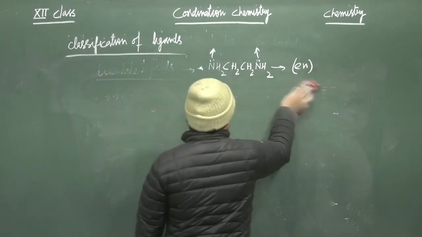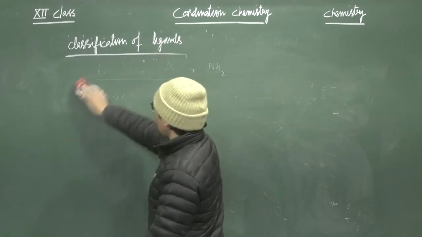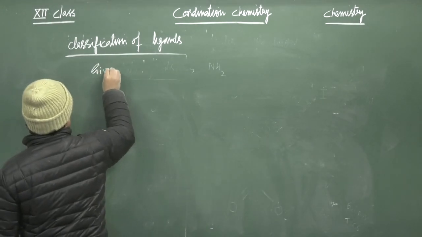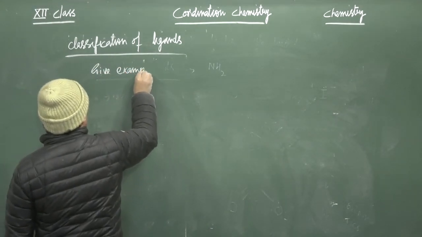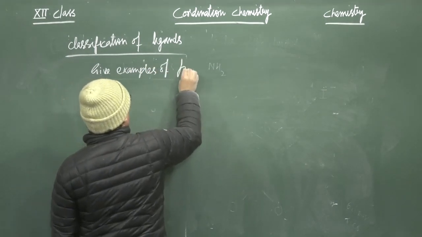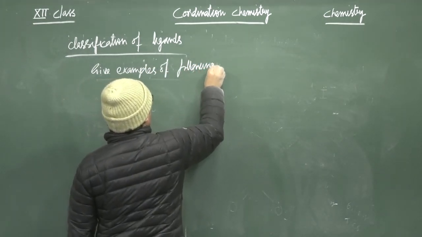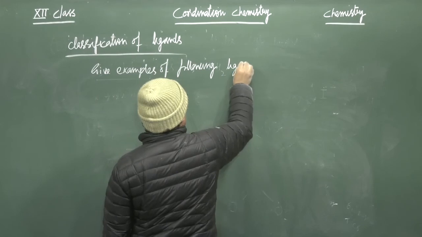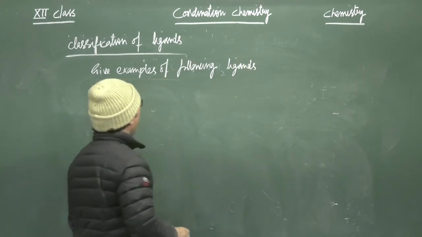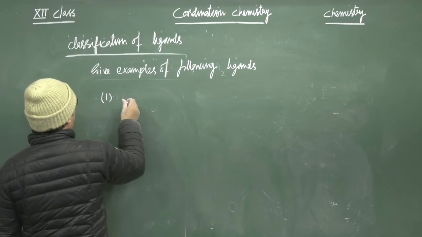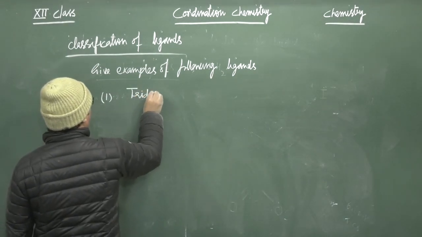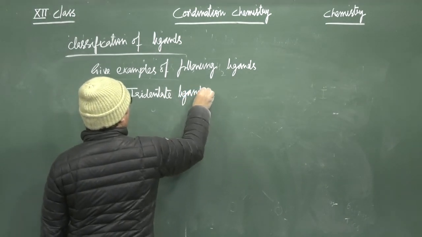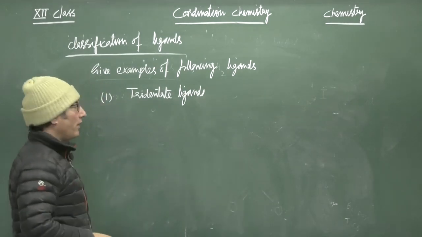This will be an assignment for you. Please write this question. Give examples of the following ligands. Read your book, you can give examples. Number one, tridentate ligand, the ligand which has three donor atoms.